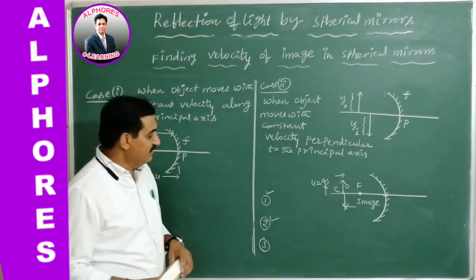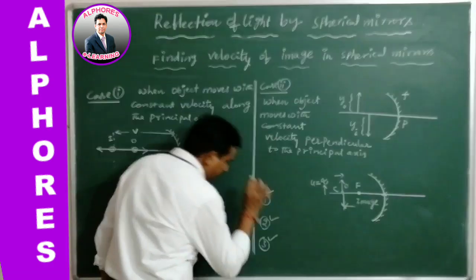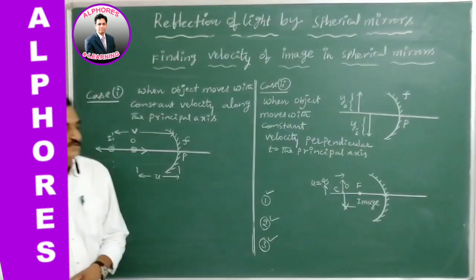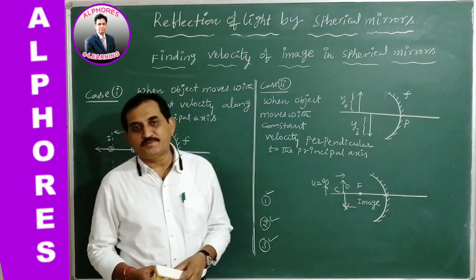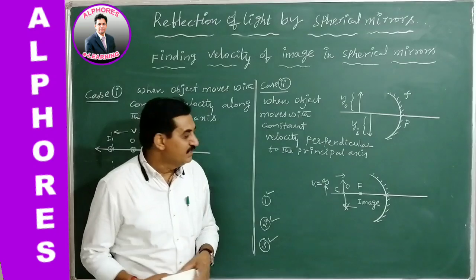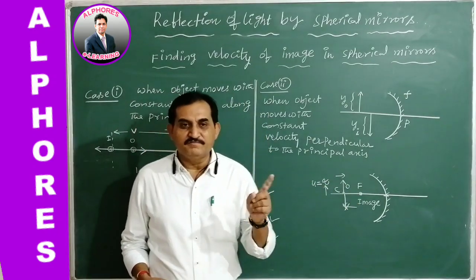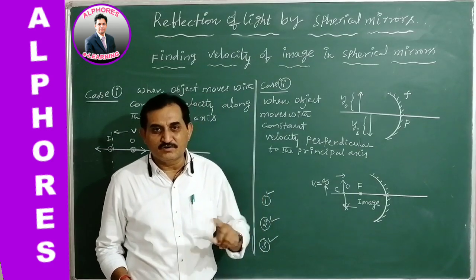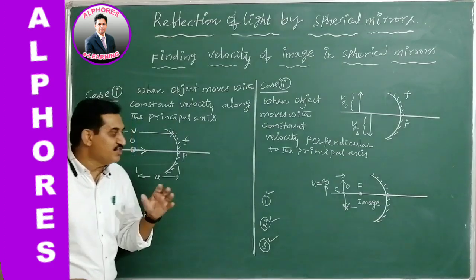And finally, one very important point we should discuss: as the object is approaching or receding from the spherical mirror with constant velocity, the velocity of the image is not at all constant, which is a variable, which changes.